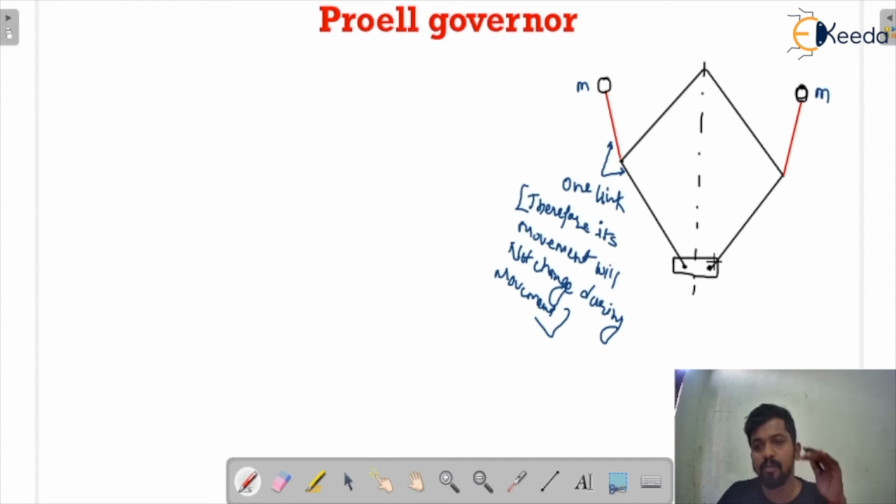When the sleeve is moving upward, the friction will be in the downward direction, and when the sleeve is moving downward, the friction force will be in the upward direction.